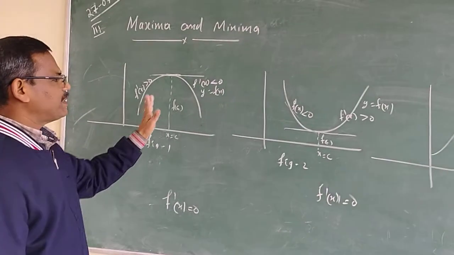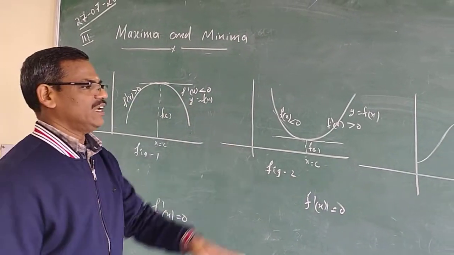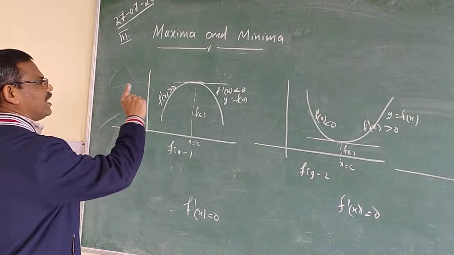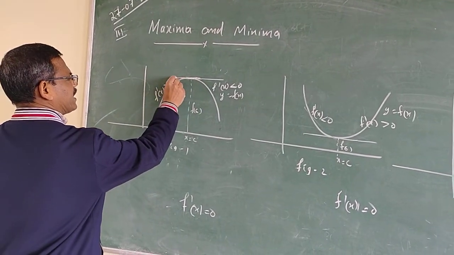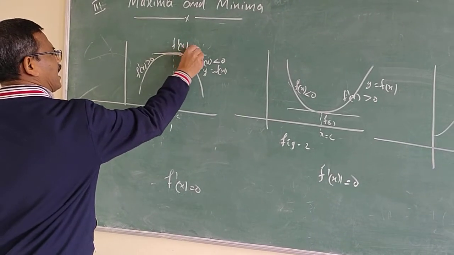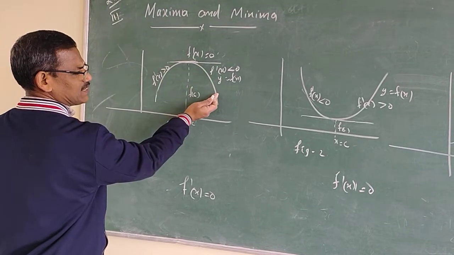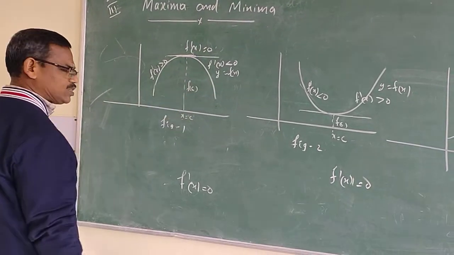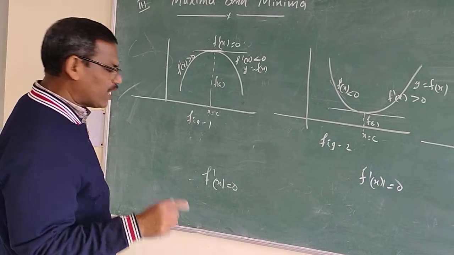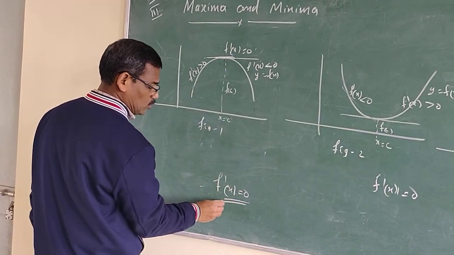So what is the condition? By seeing that you have to make this figure very clear. In the figure it is clear that if it is the highest point f dash x is 0, and left side f dash x is positive, right side f dash x is negative. So to check the highest point, we find f dash x and equate it to 0.